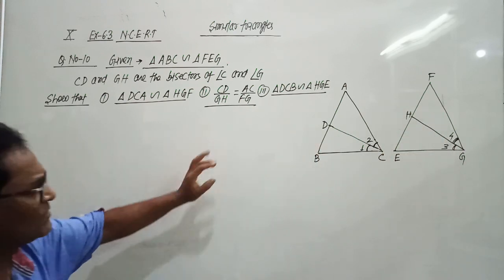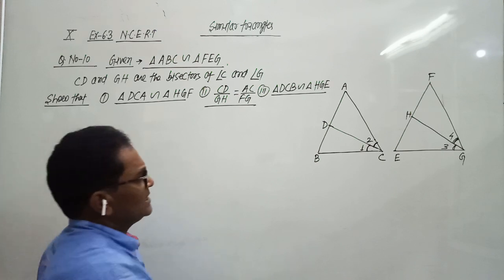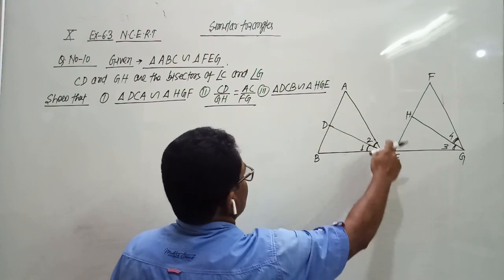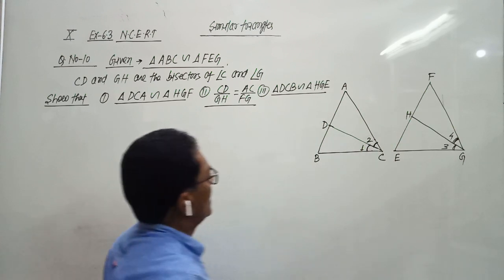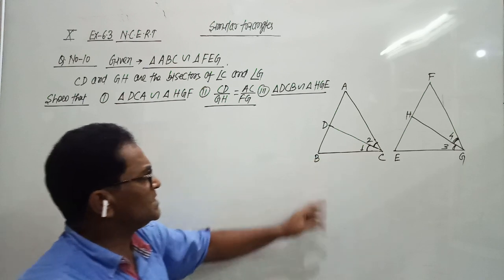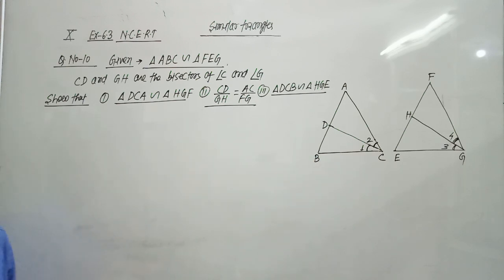The second part we have to prove that CD upon GH equals AC upon FG. And the third part we have to prove, triangle DCB is similar to triangle HGE.